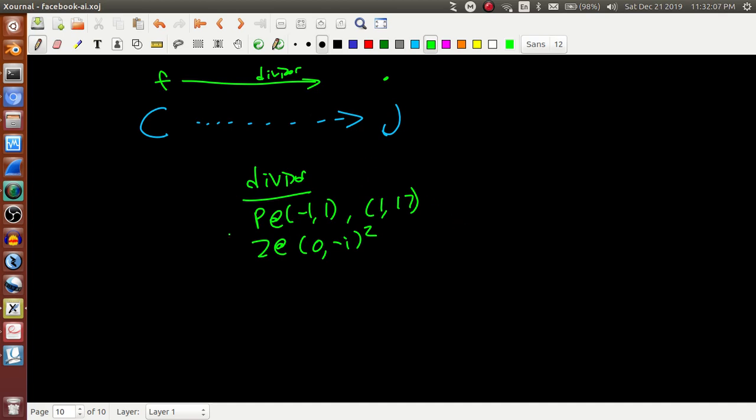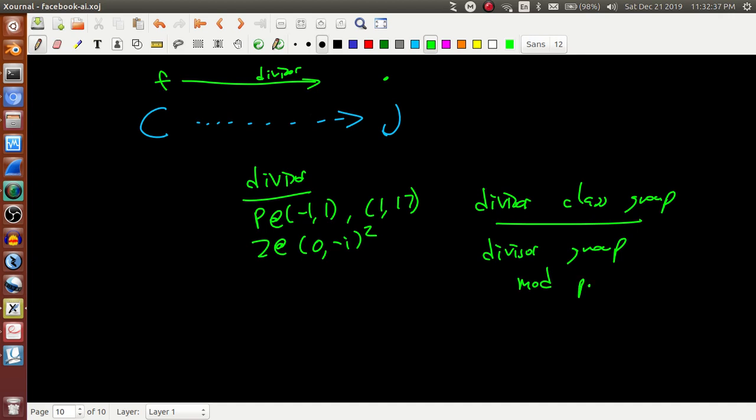Basically, you think of all the divisors as forming a group, and you mod out by the group of principal divisors, which are all the divisors that correspond to actual functions, and that gives you your divisor class group: the divisor group mod principal divisors.